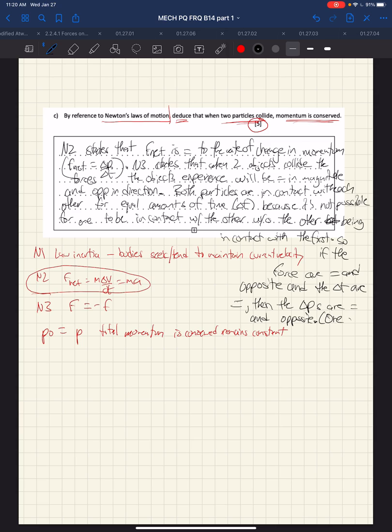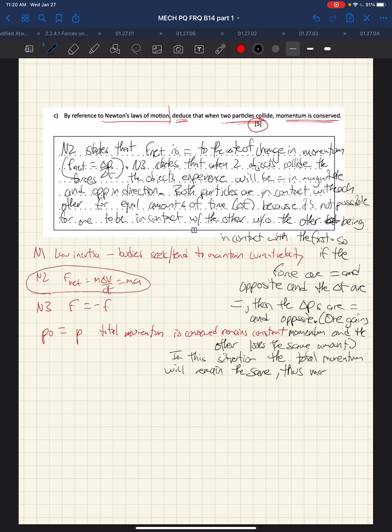And by that we mean one gains momentum and the other loses the same amount. In this situation, the total momentum will remain the same. Thus, momentum is conserved.